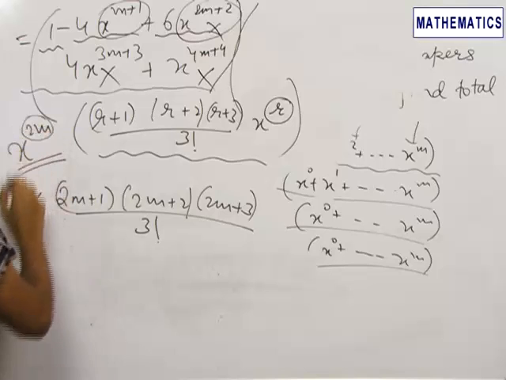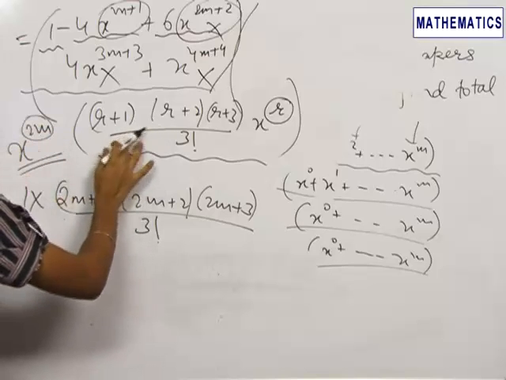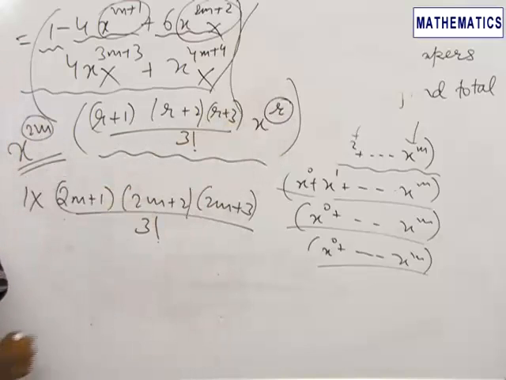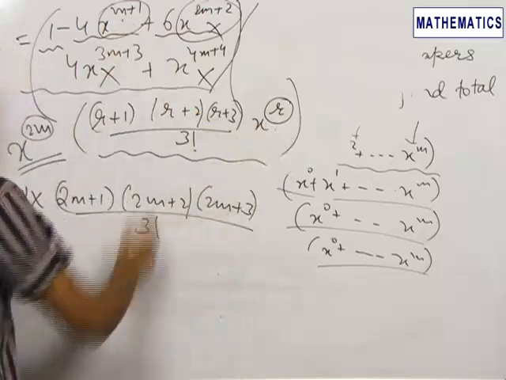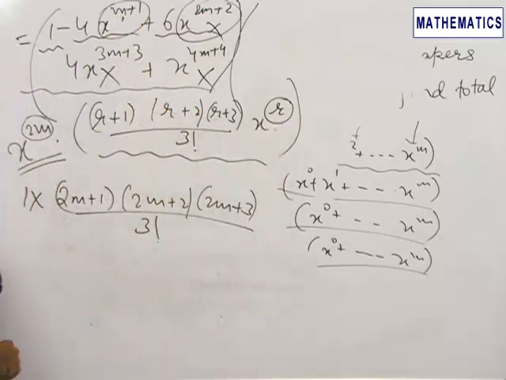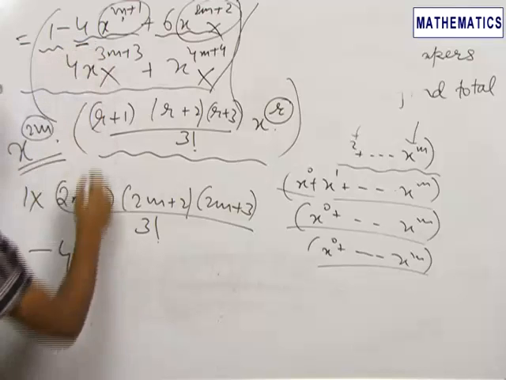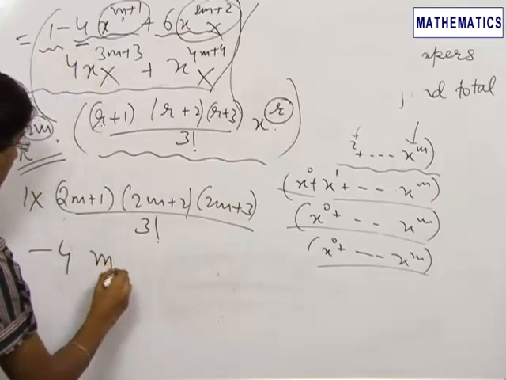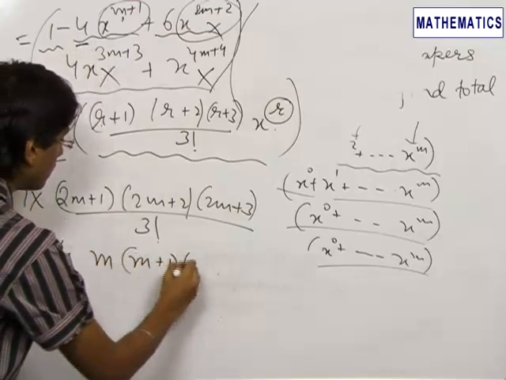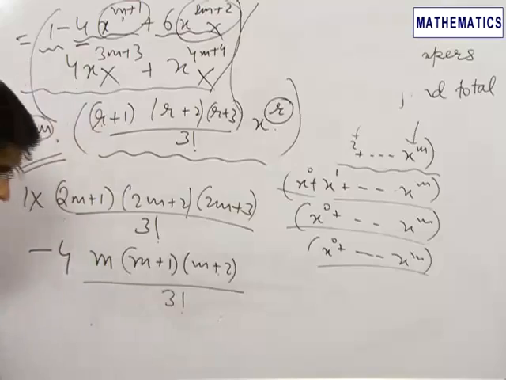In order to make the entire power of x equal to 2m, we require the coefficient of x^(m minus 1) from this bracket, so that when this gets multiplied with x^(m+1), the entire thing becomes 2m. So we require r to be equal to m minus 1 over here, minus 4 times, putting r equals m minus 1, this becomes m into (m plus 1) into (m plus 2) upon 3 factorial.